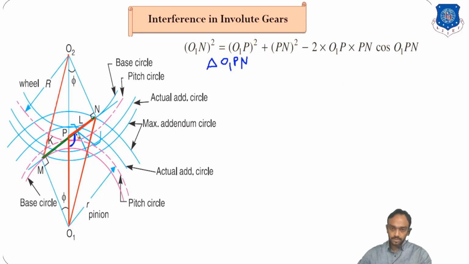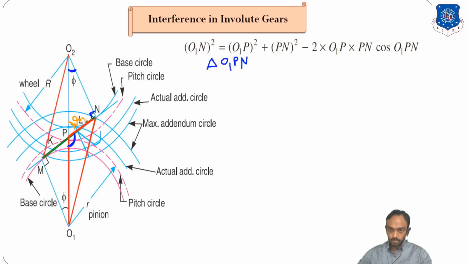So what will be this angle? How can we find it? First of all, check this geometry. If this angle is 90 and this angle is phi, here you can see this angle is 90, so what will be the angle of this one? It will be 90 minus phi.